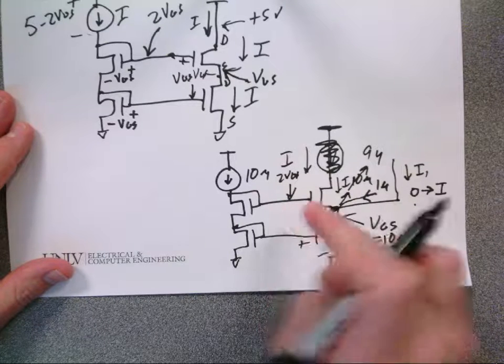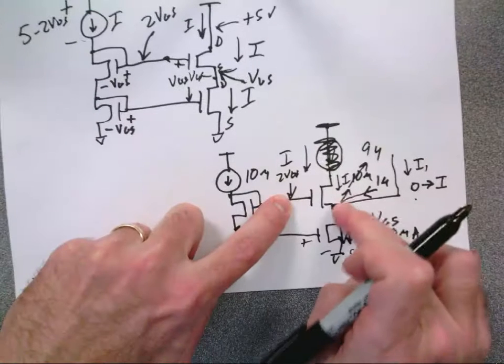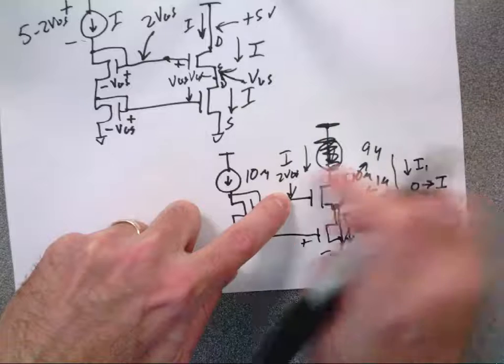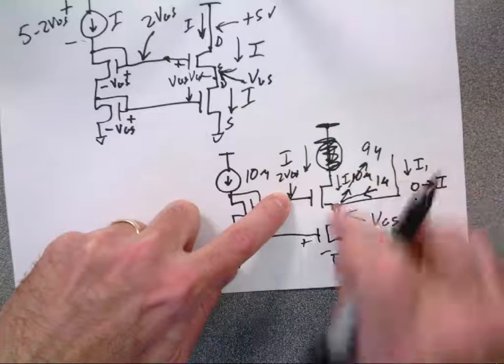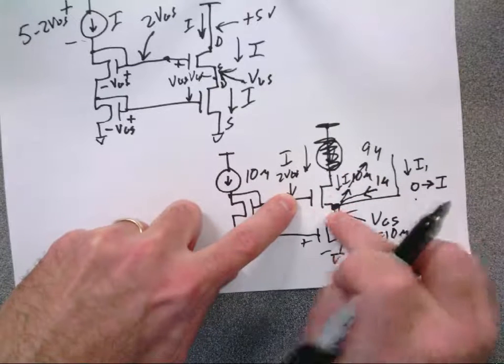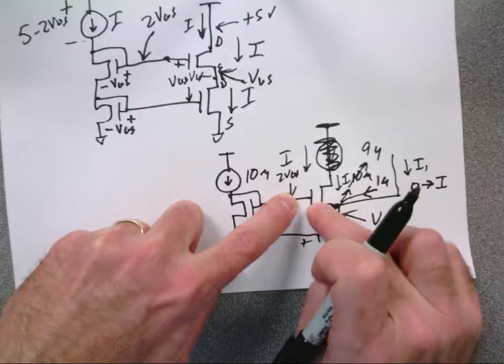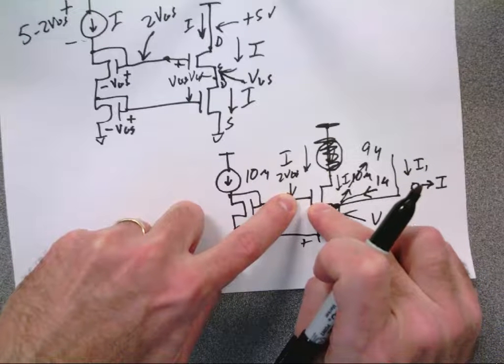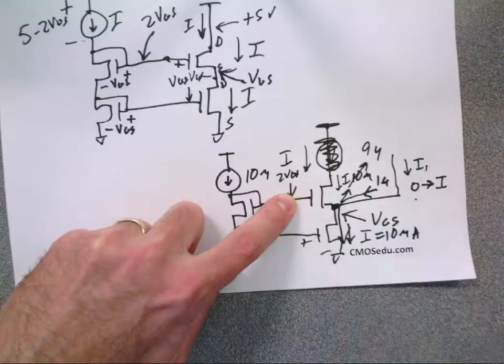It goes down. This one stays at 2 VGS, and this one starts to go up, up, up. When I get to 10 microamps, how much current's flowing in this device? If all the 10 flows down, this goes up and shuts this guy off. Does everybody follow that?